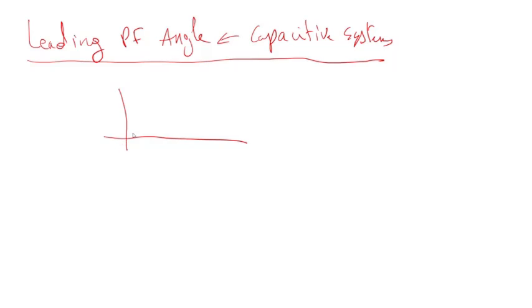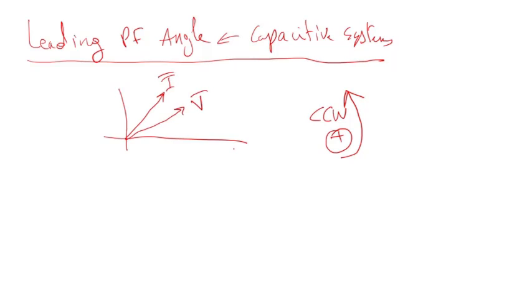When we are talking leading or lagging, we have to keep in mind the rotation that's assumed. That's very critical. In my case, I'm assuming counterclockwise rotation. That means current will go first because it's leading, then voltage will be behind it.